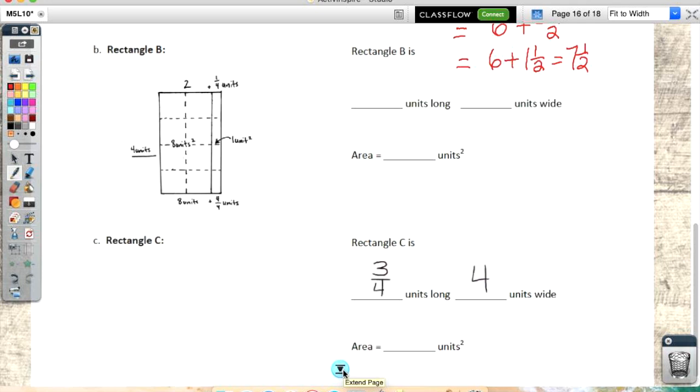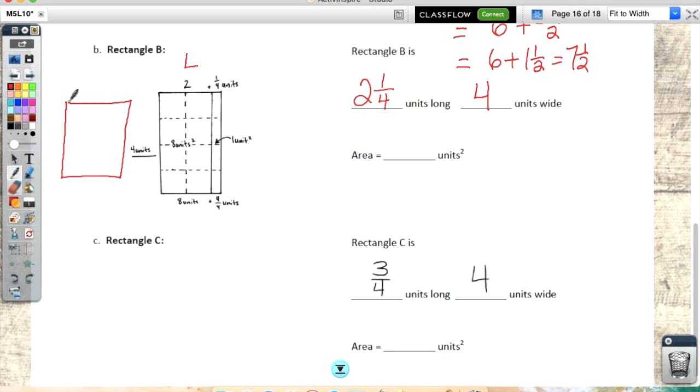Rectangle B. So it looks like it's 2 1/4 units long. And for this activity, remember, the length is on the top and the width is on the side. Okay? So 2 1/4 units long. Are you writing this? By 4 units wide. Okay, now I'm going to erase this W and solve it with the area model first, okay?